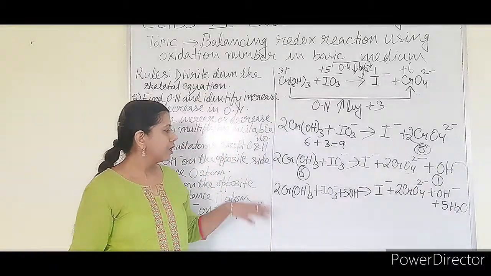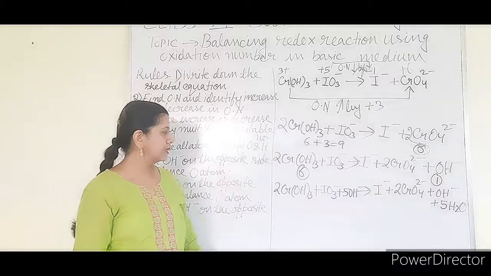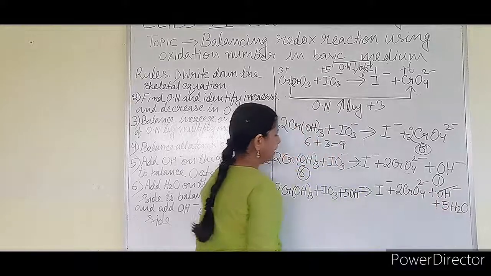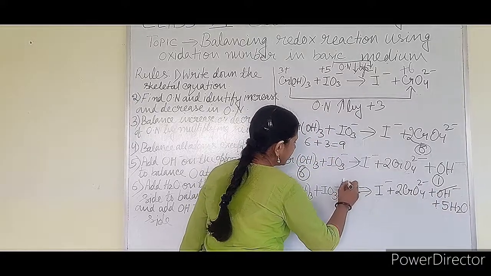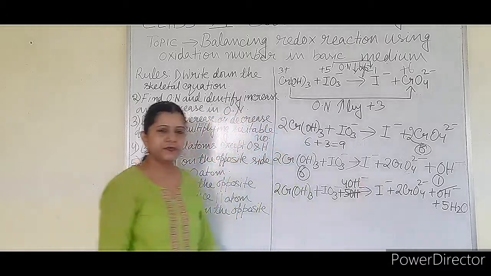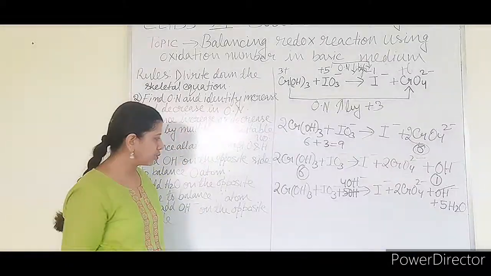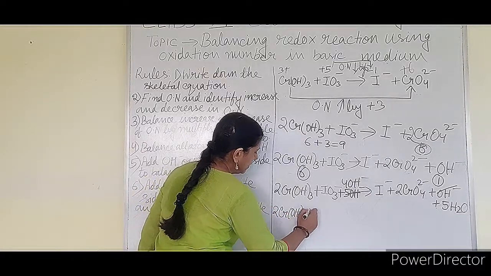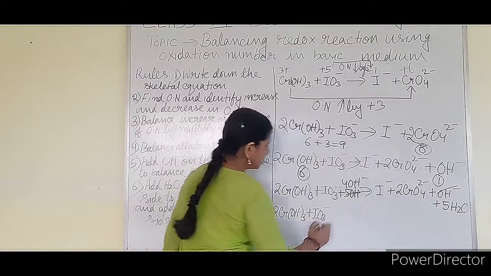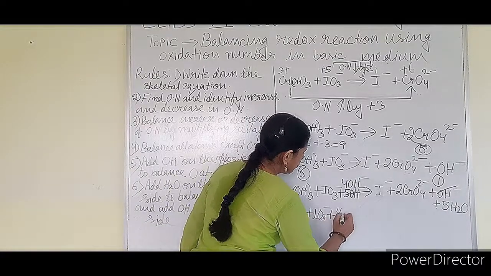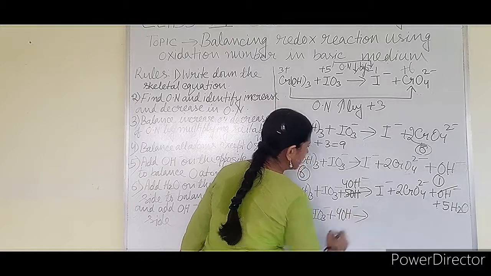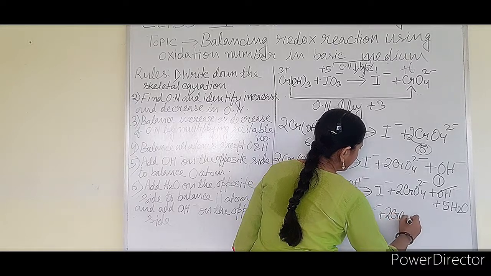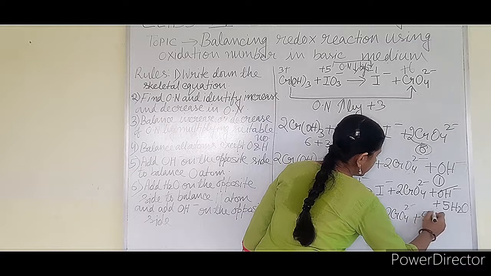Now, before writing the final balanced equation, 5 OH and 1 OH, I can cancel one, and write 4 OH negative. So ultimately my final equation is 2 Cr(OH)3 plus IO3 negative plus 4 OH negative gives you I negative plus 2 CrO4 2 negative plus 5 H2O.